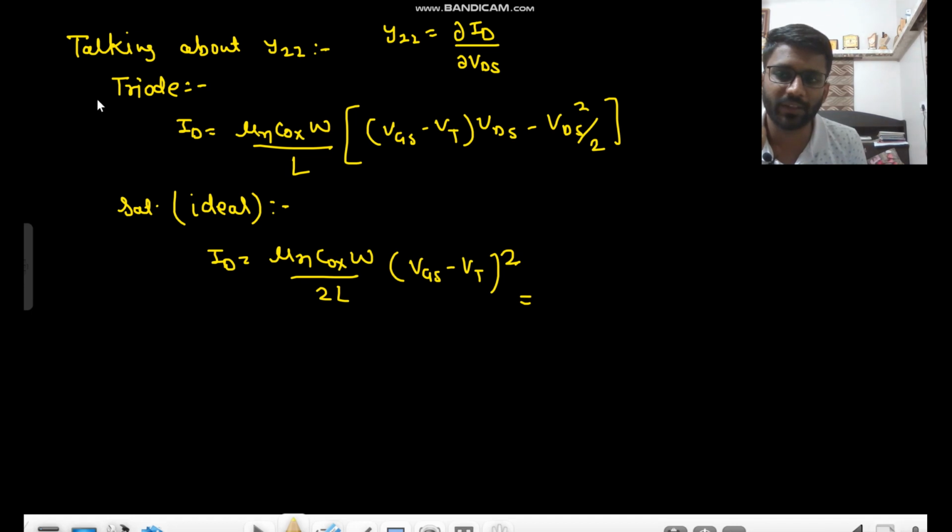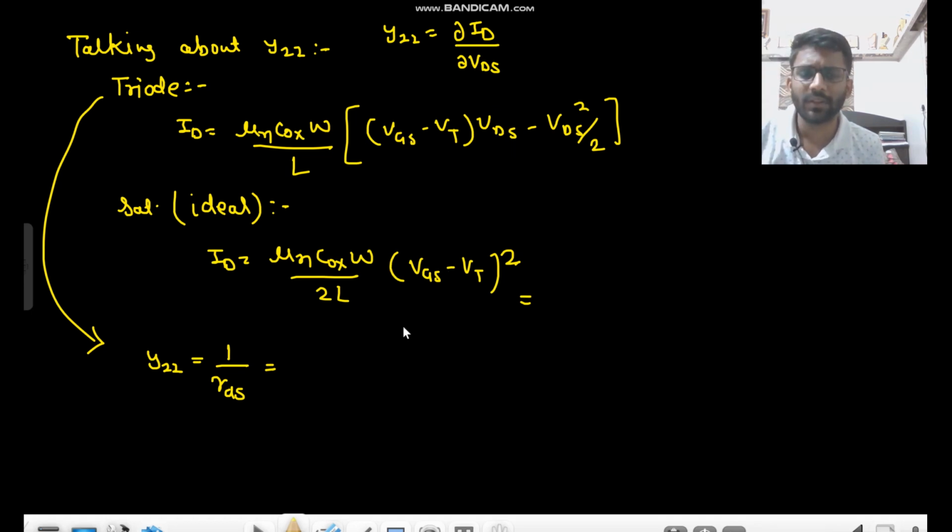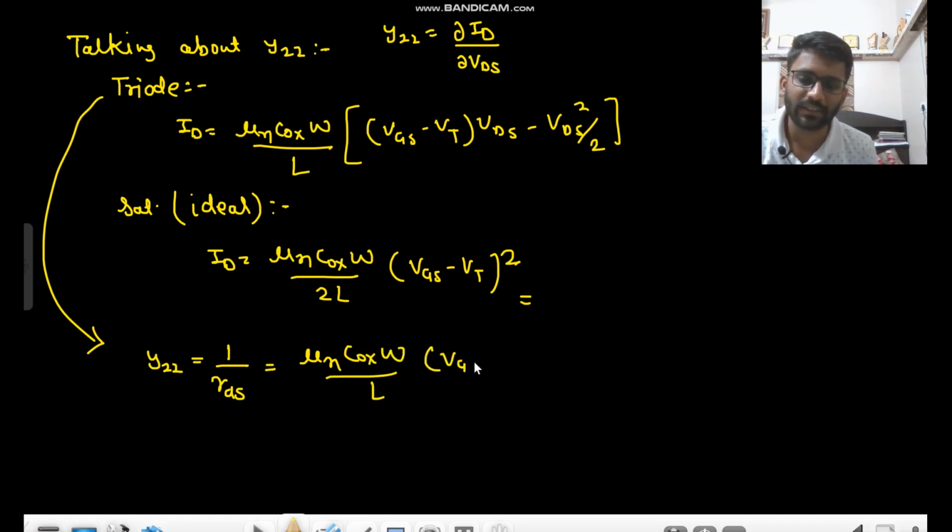So in case of triode region, Y22, or 1 upon RDS we can say. We have discussed about it, right? 1 upon RDS is equal to mu n COX W by L VGS minus VT.